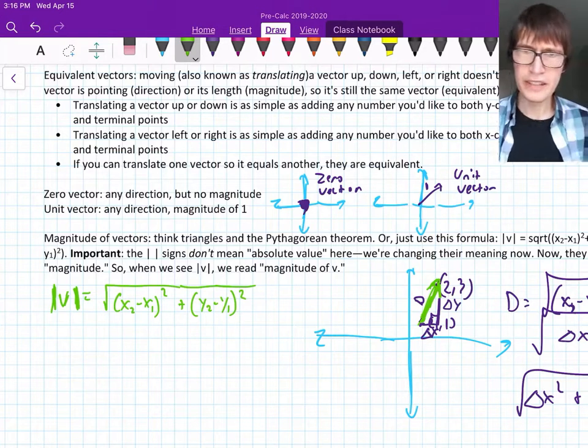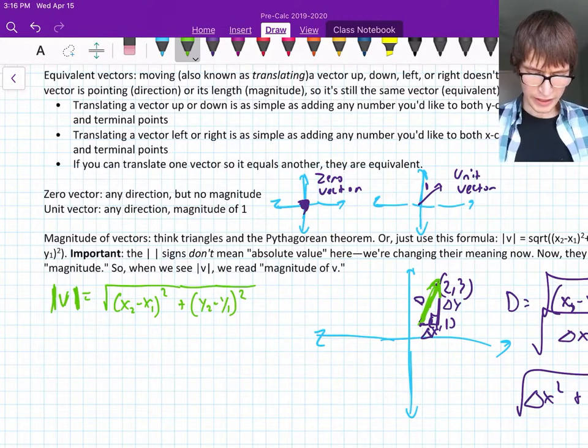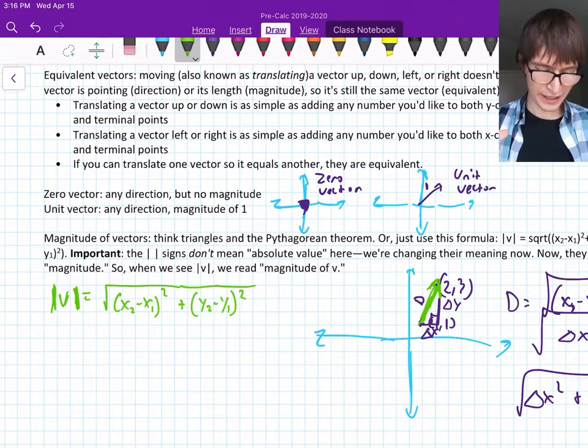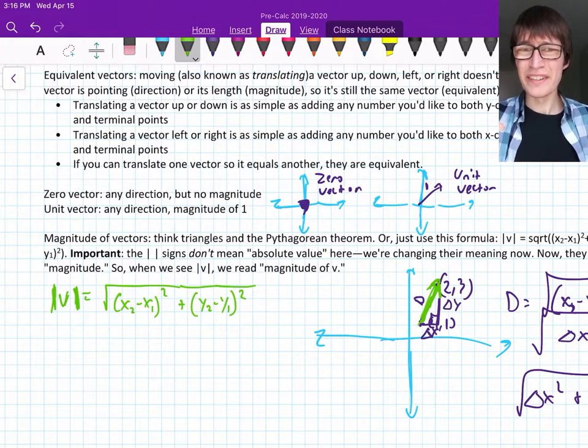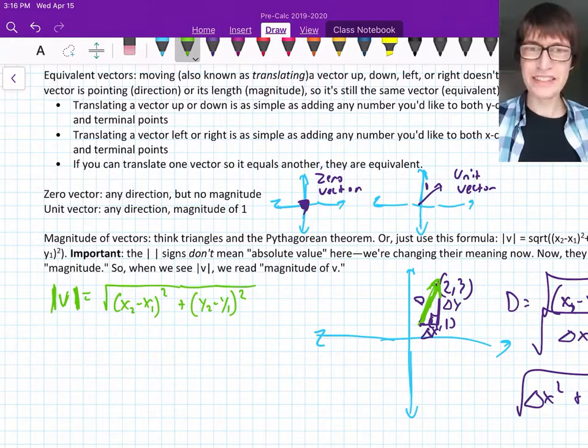Now you might notice something interesting. When we read this, it might look to you like it's saying the absolute value of v equals the square root of (x2 minus x1) squared plus (y2 minus y1) squared. That's not exactly what it's saying, and I really don't like that this is the way it is.